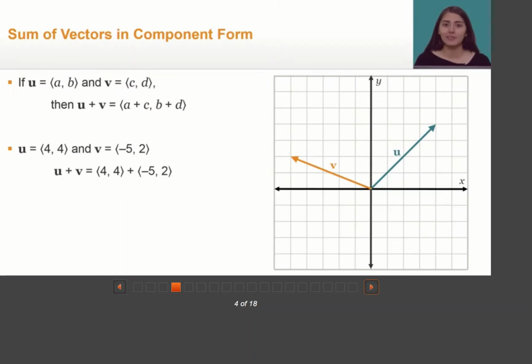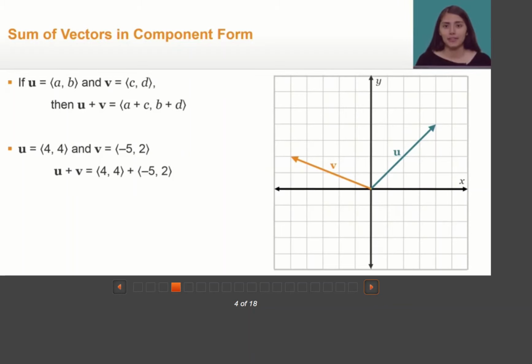We can also add the vectors algebraically in component form. Given u is equal to ⟨a, b⟩ and v is equal to ⟨c, d⟩, we know that u plus v is equal to ⟨a plus c, b plus d⟩. Let's take a look at the same vectors from before. u is equal to ⟨4, 4⟩, and v is equal to ⟨-5, 2⟩. u plus v is equal to ⟨4, 4⟩ plus ⟨-5, 2⟩.